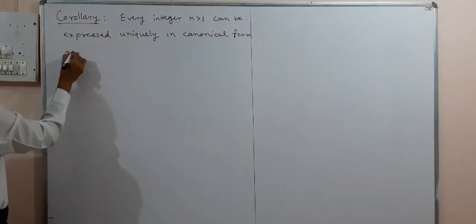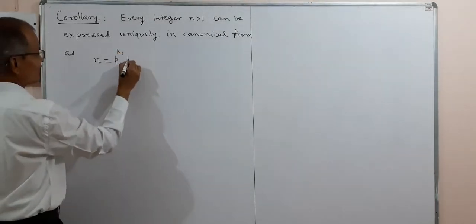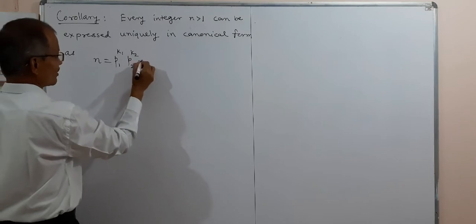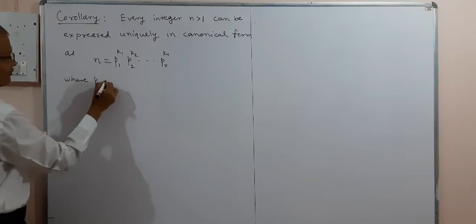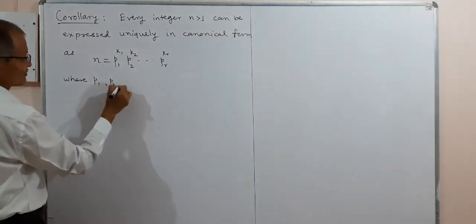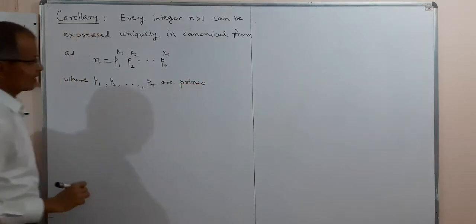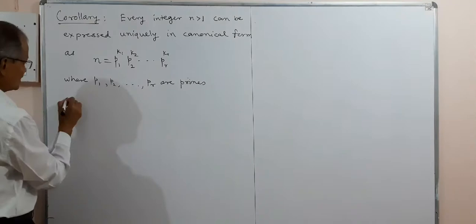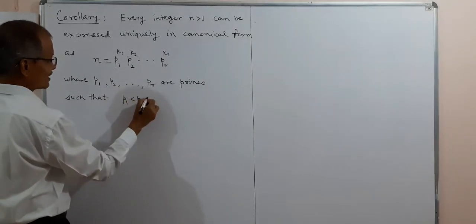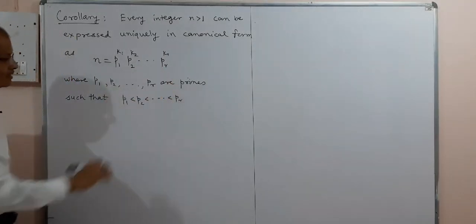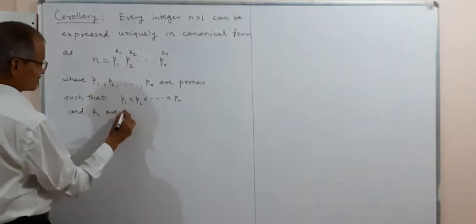What is the canonical form, that we shall see, as n is equal to p1 raised to k1, p2 to the power k2, and so on, pr to the power kr, where p1, p2, etc. are primes, k1, k2, kr are positive integers, and these primes are arranged in increasing order: p1 is less than p2, and so on up to pr.